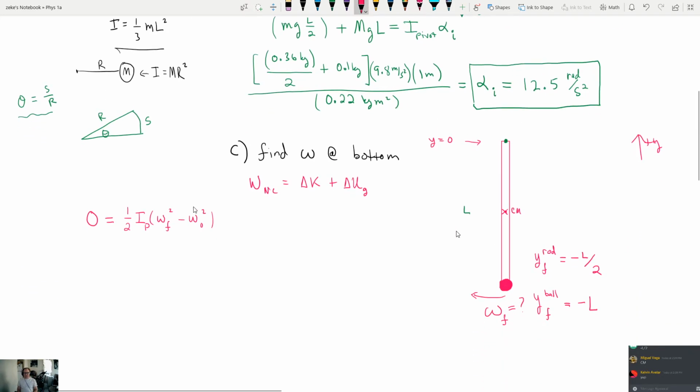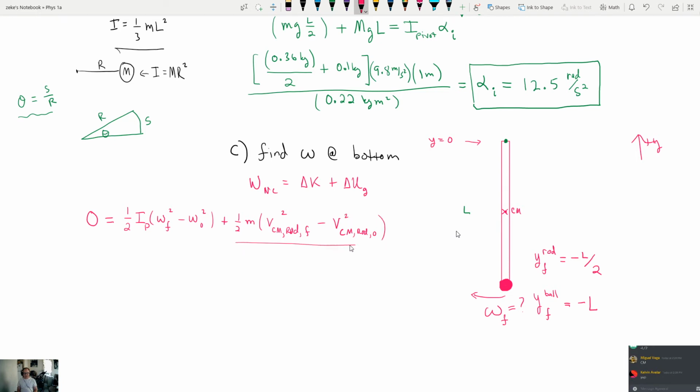So as a result, here I'm going to put in here plus 1/2 the mass of the rod, which is m, multiplied by the velocity of the center of mass of the rod final squared minus the velocity of the center of mass of the rod initial squared.